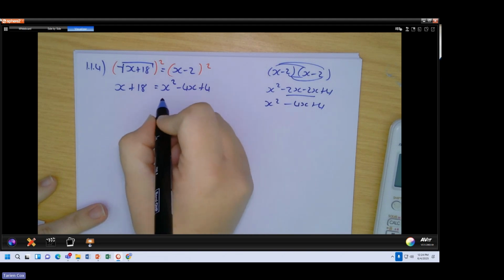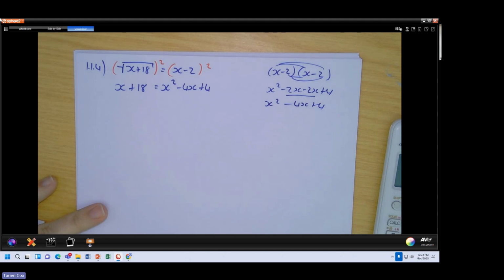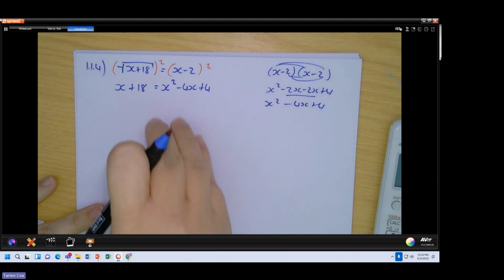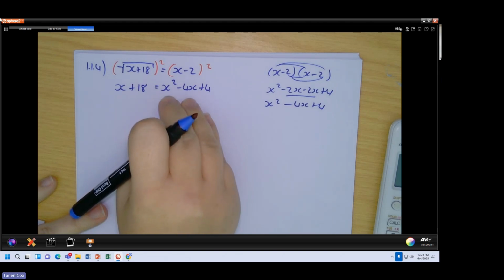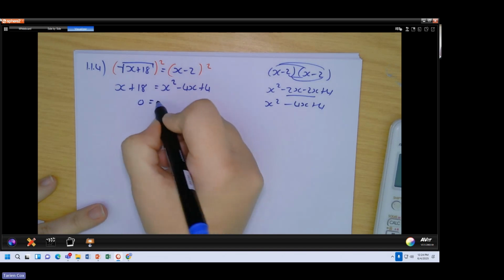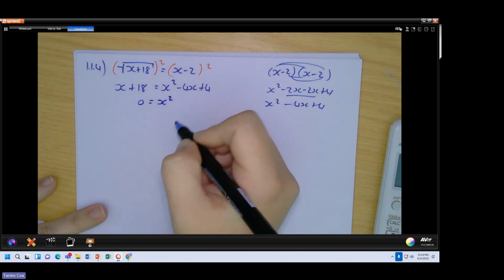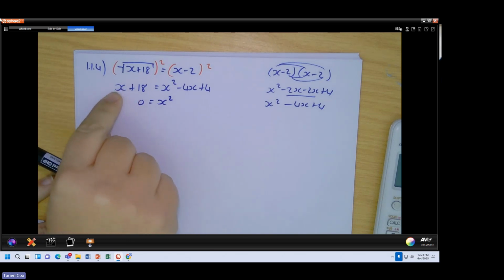Here, I'm again seeing that I've got x to the power of 2, which means I'm still sitting with a quadratic equation. And what did we learn? If it is a quadratic equation, we know that it must equate to 0, which means that I will have 0 is equal to x squared. And now it means that I cannot have these values here. So I need to get rid of this x, which means I will subtract x on the left-hand side.